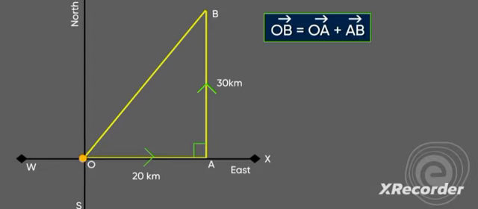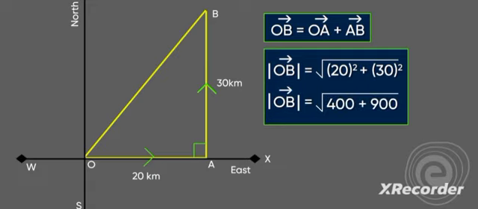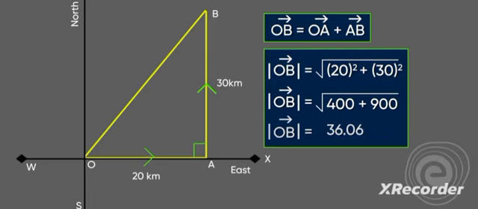Thus, the displacement of the car with respect to the starting point is given by the position vector OB. This position vector OB is equal to vector OA plus vector AB by the triangle law of vector addition. The magnitude of the position vector OB can be calculated as the square root of 20 squared plus 30 squared, that is, the square root of 400 plus 900, which is approximately equal to 36.06.